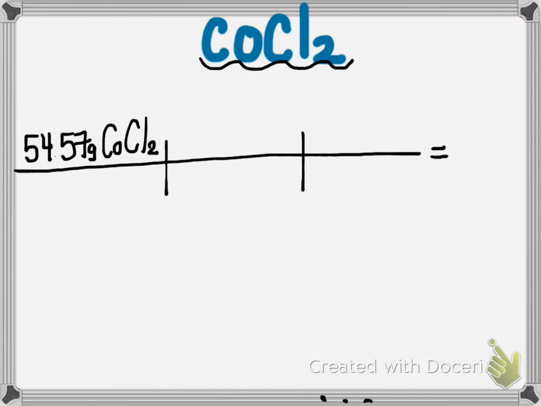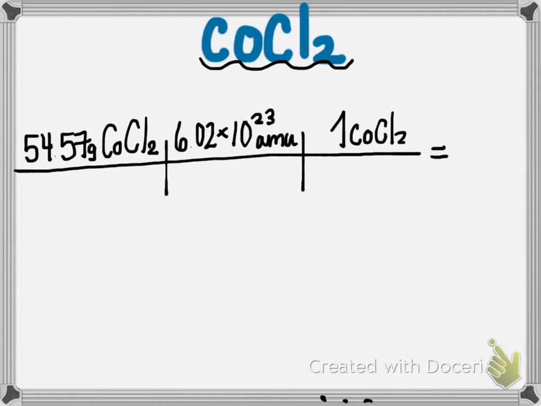Next to it, we're going to do the conversion formula to AMUs, which is 6.02 times 10 to the 23rd AMU, over 1 gram of CoCl2.